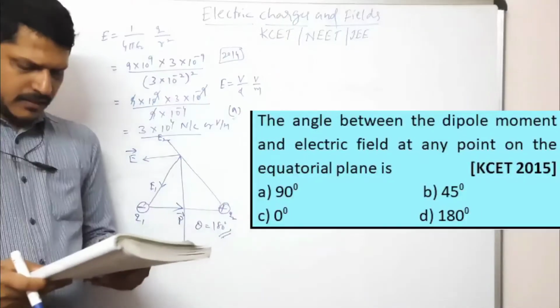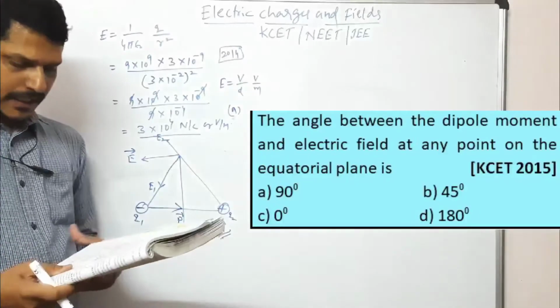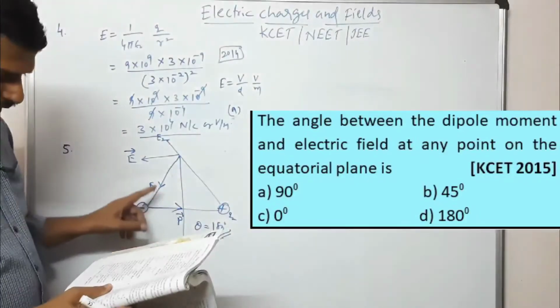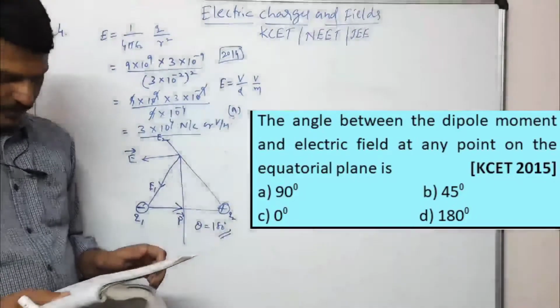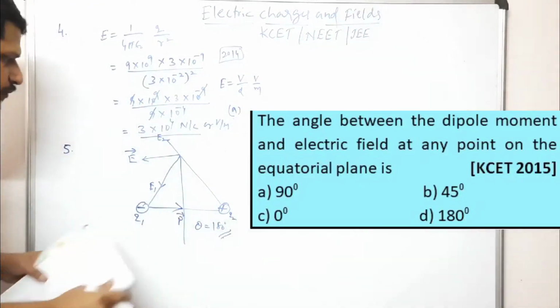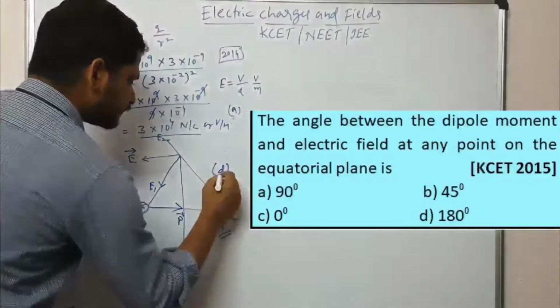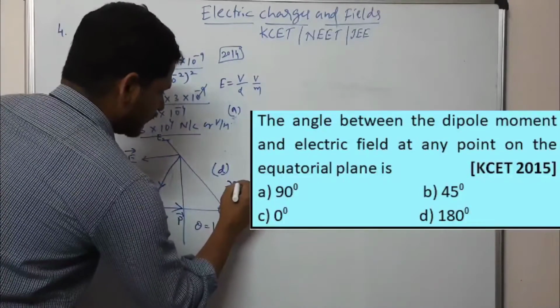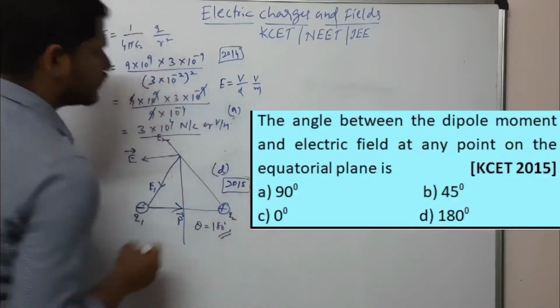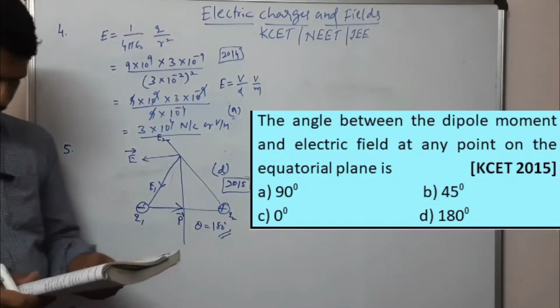That is why the angle between the dipole moment and electric field at any point on the equatorial plane is 180 degree. The option is D. This was asked in 2015.